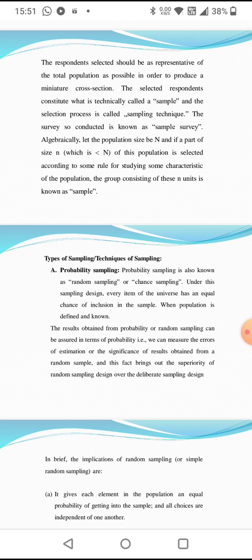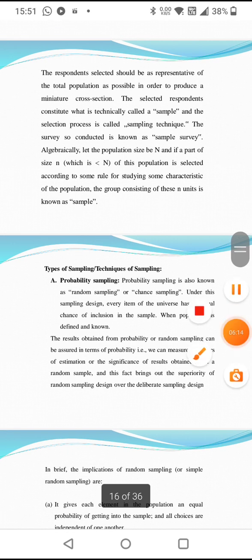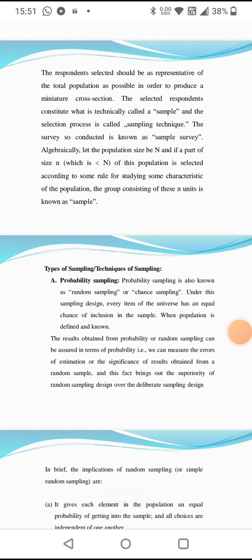Random sampling ensures the law of statistical regularity, which states that if on an average the sample chosen is a random one, the sample will have the same composition and characteristics as the universe. This is the reason why random sampling is considered the best technique of selecting a representative sample.